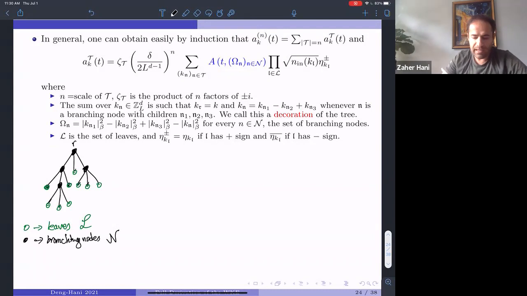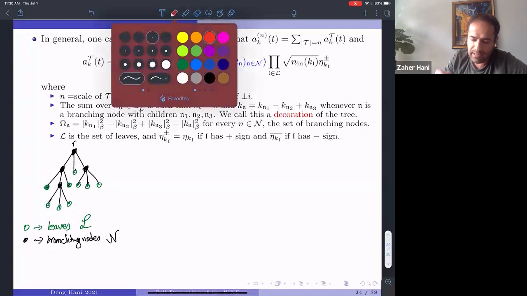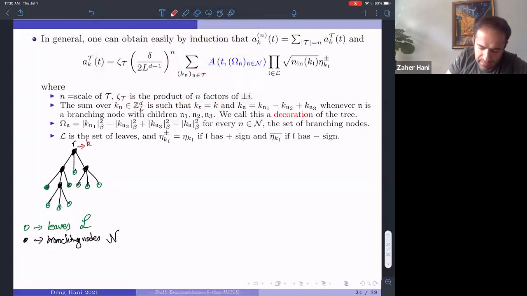Now, given such a tree, we assign to this tree a set of frequencies. To each node, we assign a frequency k sub n according to a certain rule. The rule says the following: the node associated with the root is always k.